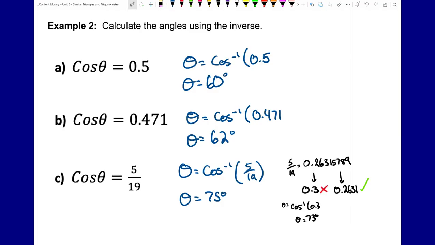If I were to do the other one, inverse of cosine of 0.2631, we get an angle equal to 74.745 or 75 degrees. So we want to make sure that we are not rounding our decimal too much until we're at our final answer.